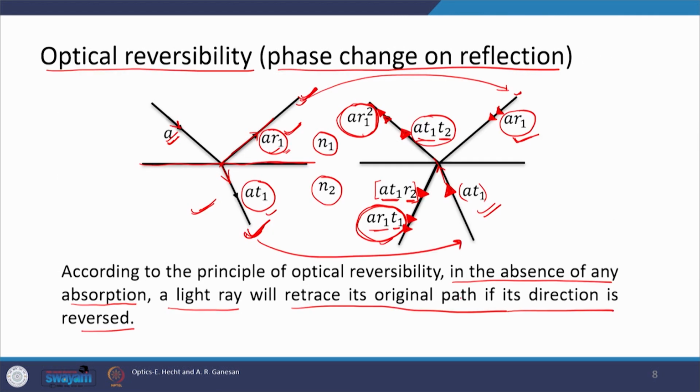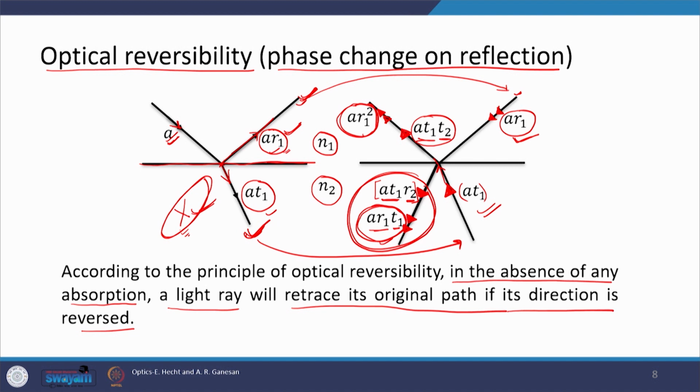Now, once all these things are done, we will see what the principle of optical reversibility gives us. We saw that in this part there was no ray initially in the first part, but when we reverse the optical path, we saw that there is a ray with some magnitude.